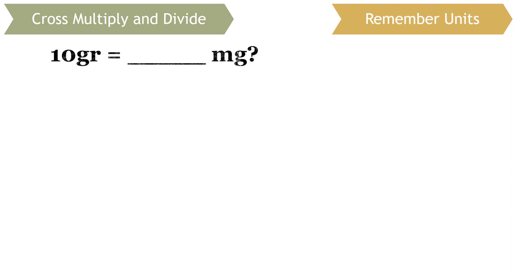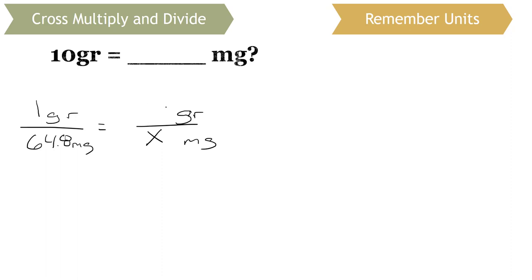Alright, now we have 10 grains. Remember, GR is grains, not grams. If I wanted to represent grams, I would use a G or a GM. So 10 grains is equal to how many milligrams? Well, I know that every 1 grain is equal to 64.8 milligrams. Carry my units over here. I need to know how many milligrams I have.